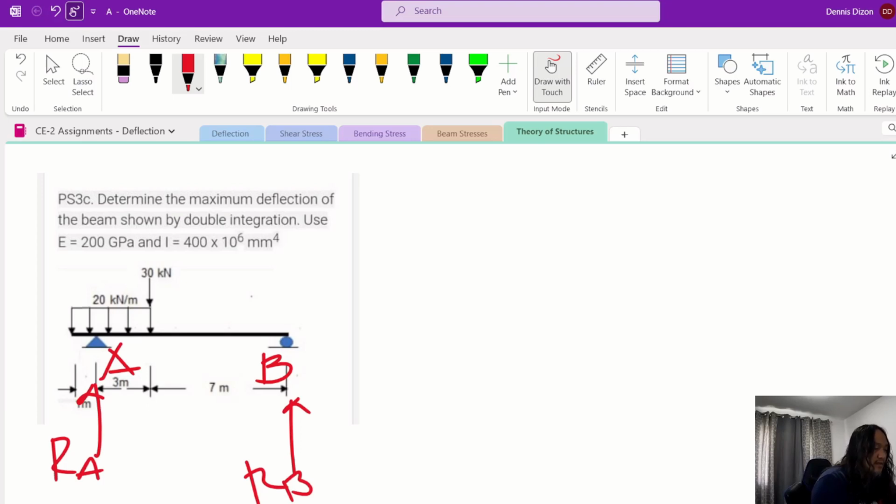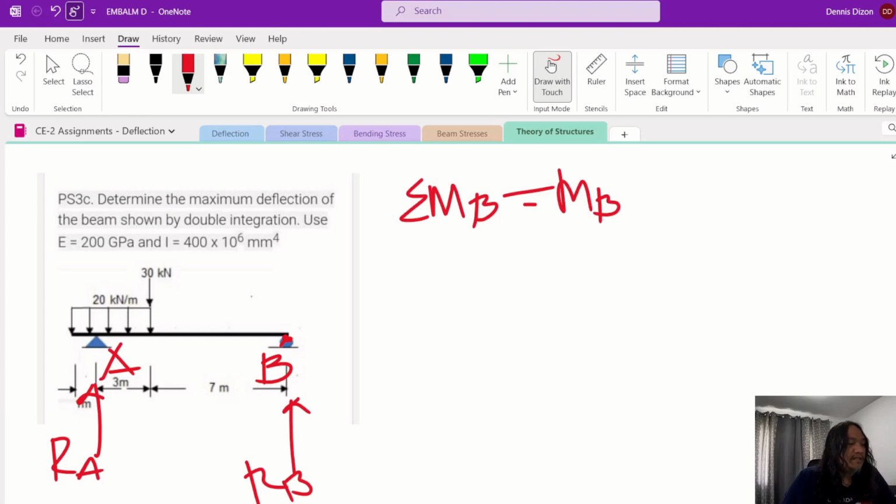So we will say summation of moments at point B. Summation of moments at B is equal to the moment at B. But since point B is a roller support, there is no moment. So summation of moments at B is equal to 0.